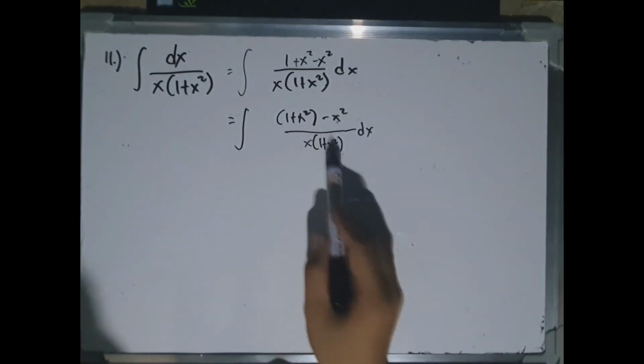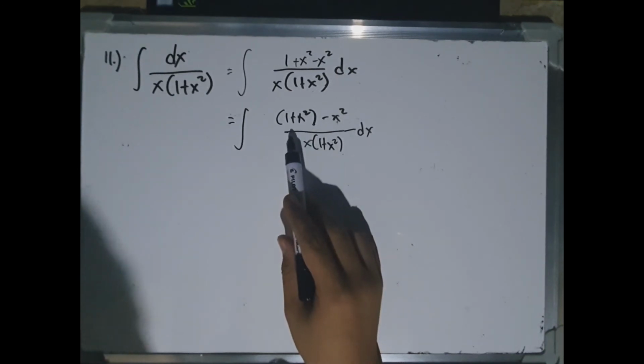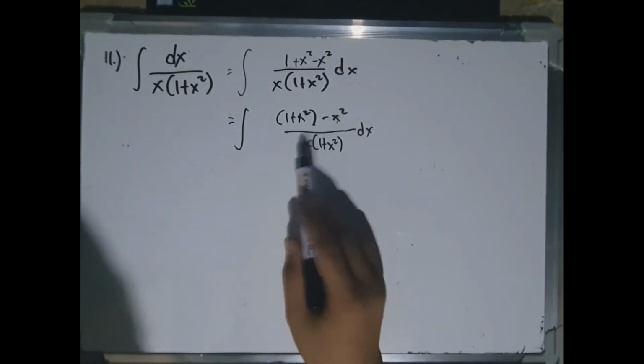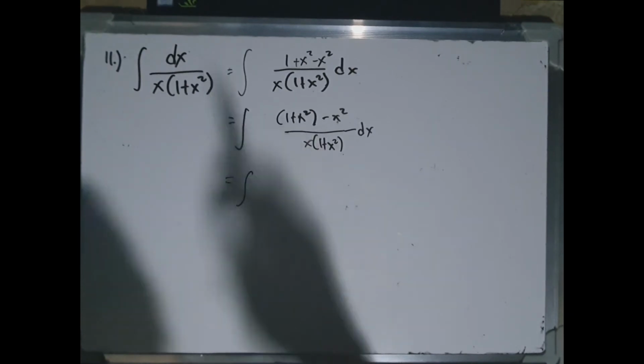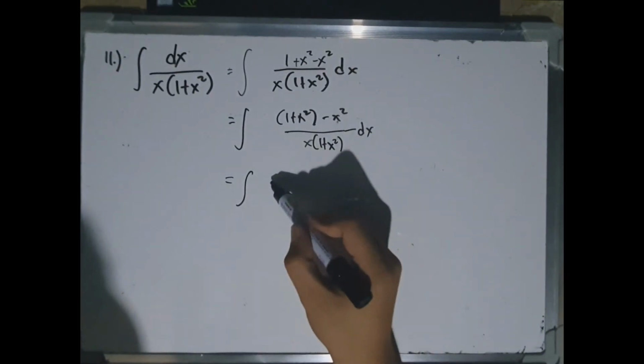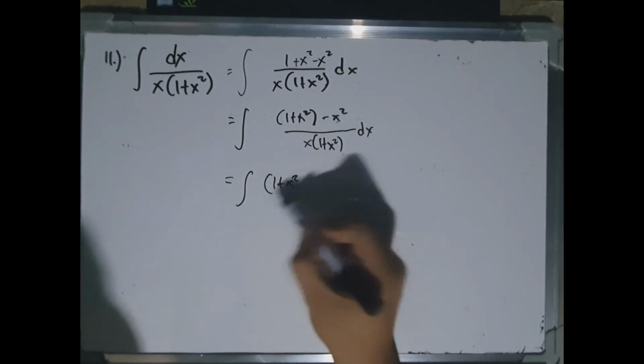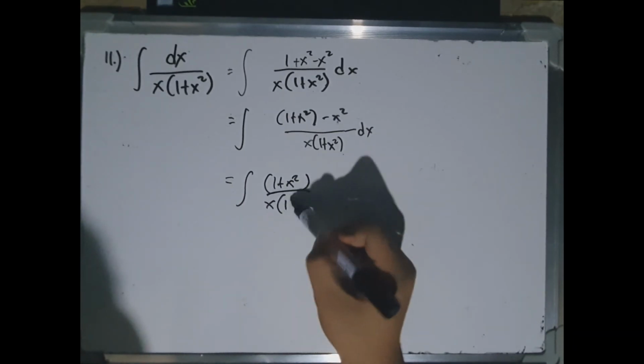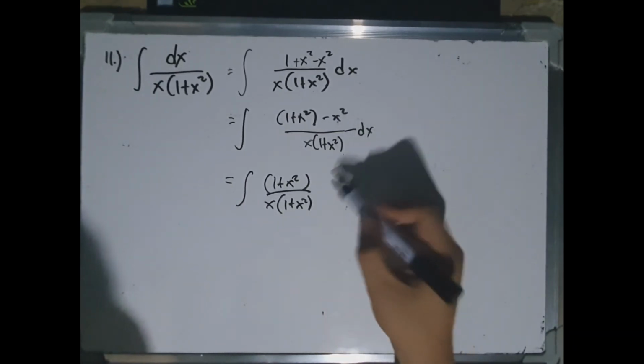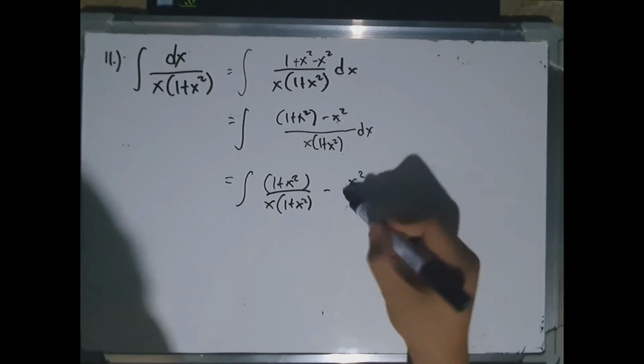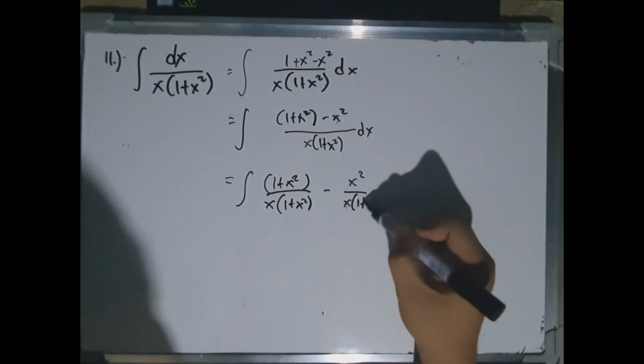Now we could split our denominator to both terms in our numerator. Now have integral of 1 plus x squared over x times 1 plus x squared minus x squared over x times 1 plus x squared dx.